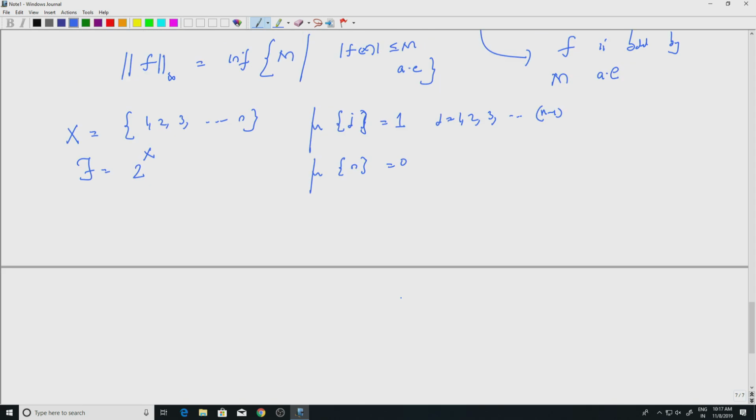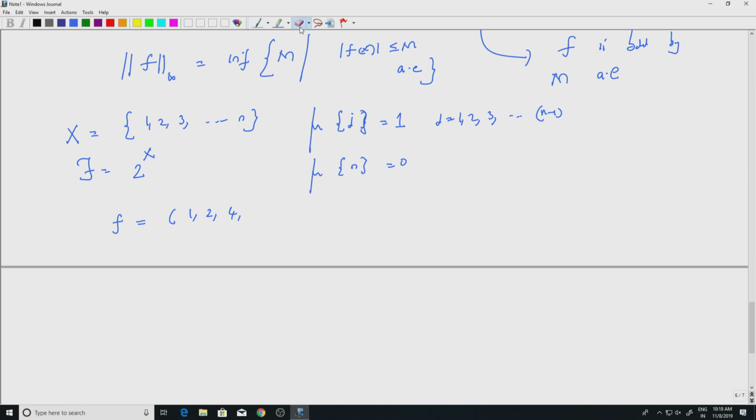So, in this case how will the L infinity norm look like? Well, the set of measure 0 will not matter. If I take f to be, so f is a tuple, let us say 2, 4, 8, or 2 to the n's.